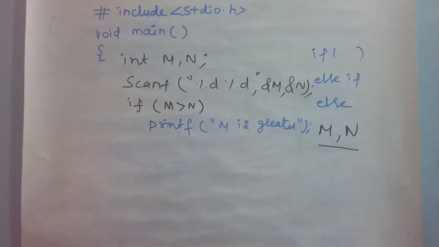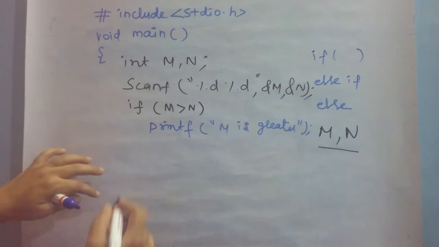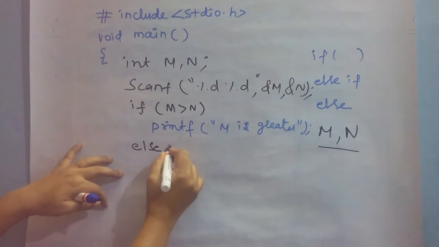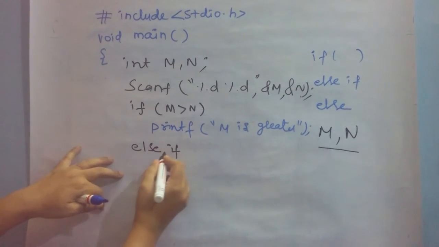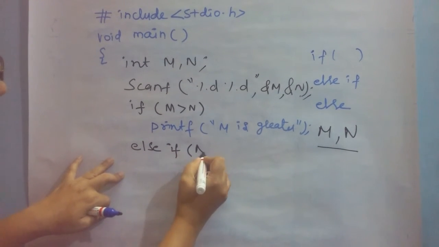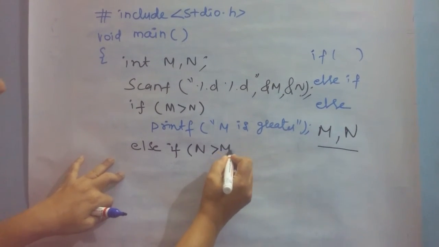Or if the condition is not satisfied, then I'm going to check the next condition. The next condition is given in else if. What is the next condition? I'm going to check whether n is greater than m.